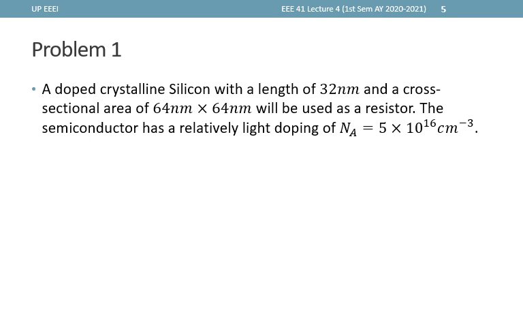Okay, so for the first problem, we have a doped crystalline silicon with a length of 32 nanometers and a cross-sectional area of 64 nanometers by 64 nanometers, and this rectangular prism will be used as a resistor. The semiconductor has a relatively light doping of Na equal to 5 times 10 to the 16, so it is a p-type semiconductor.